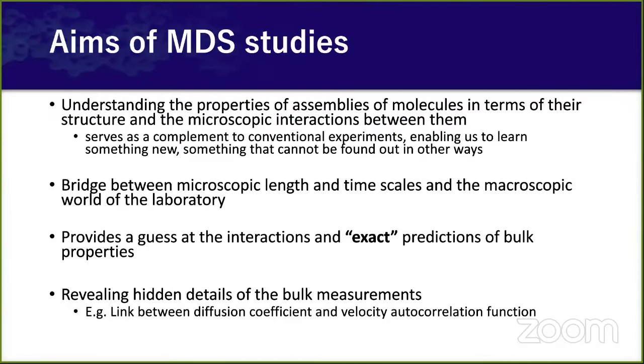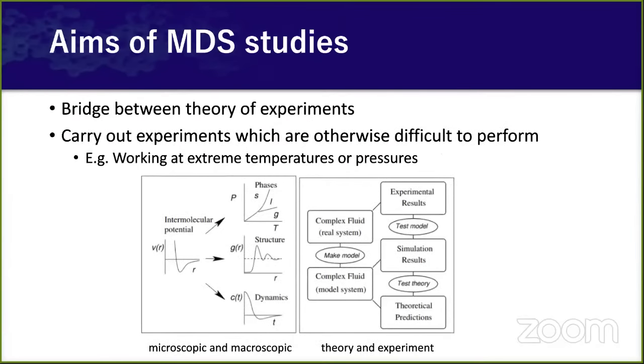But unfortunately, because of the computational power limitations, we cannot simulate the systems long enough to reach that equilibrium state. But let's see how that can be circumvented by using some statistical mechanical principles. These simulations are going to reveal many hidden details within the bulk properties that we can compute. So let's talk about some applications of this and how we can use it.